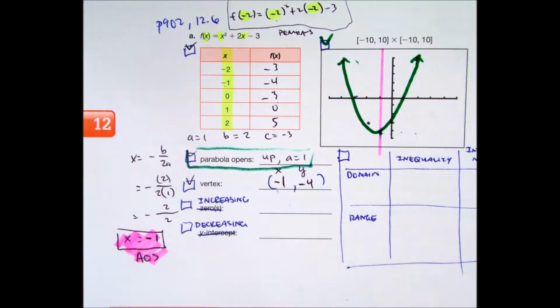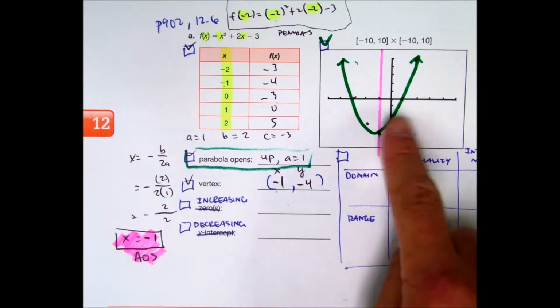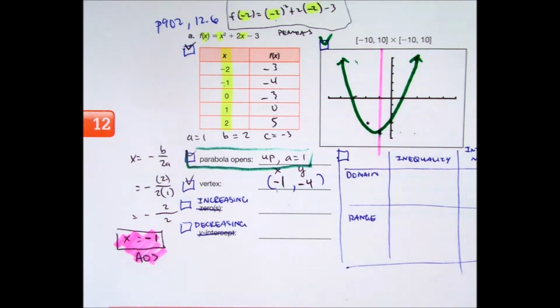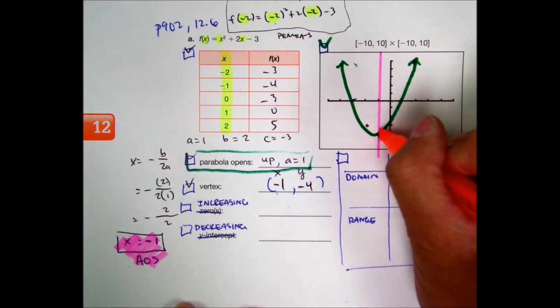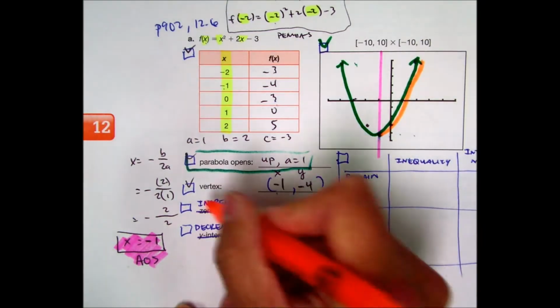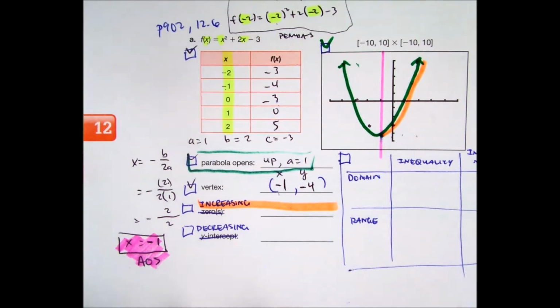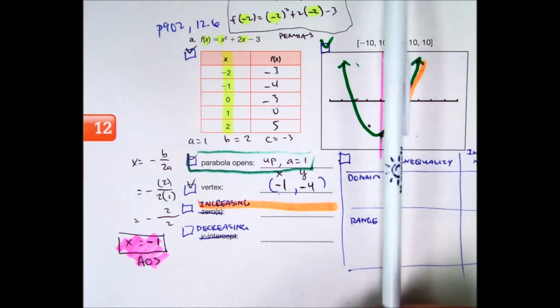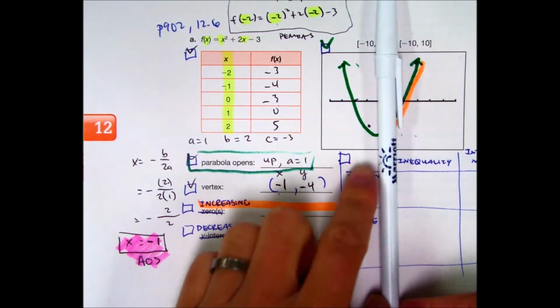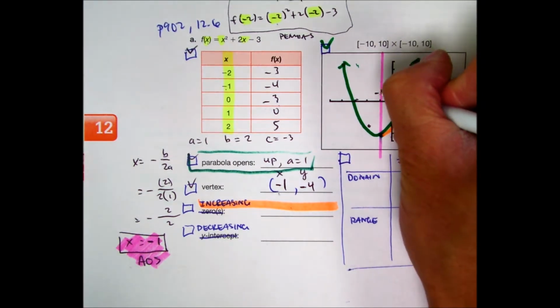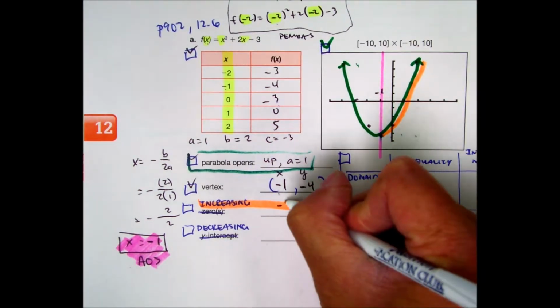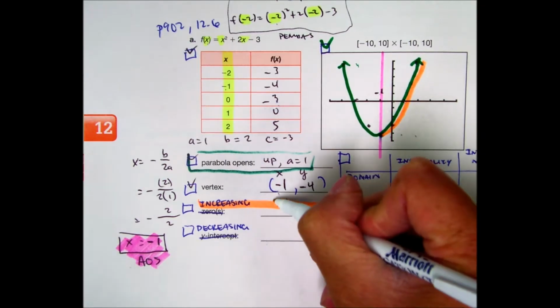Alright, let's review increasing and decreasing. Class, is it increasing on the right of the pink line or the left of the pink line? To the right. So this area right here, that is increasing. Class, on the x-axis, what number is that? It's -1. So at -1, I'm not including it, right?